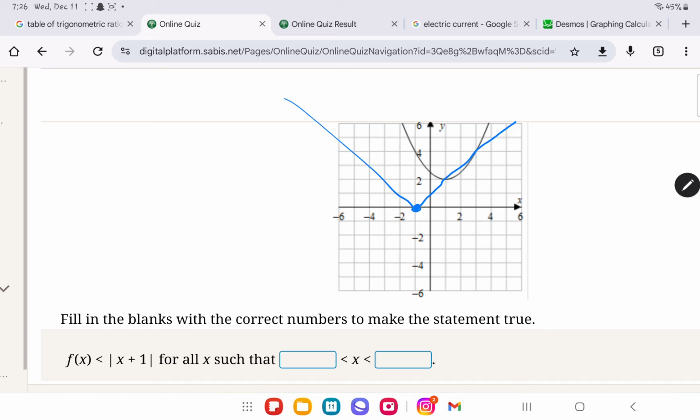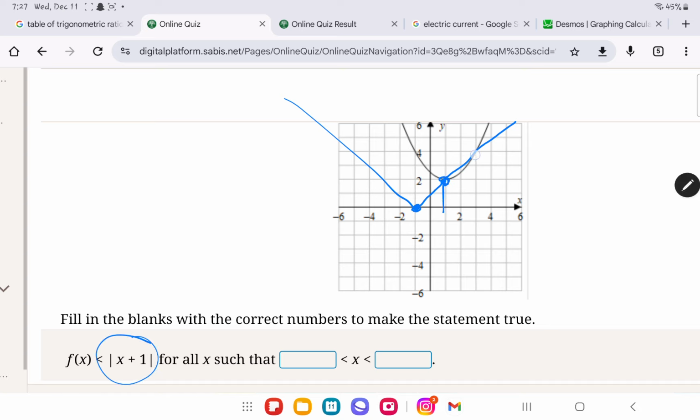Now they told us, between which 2 points is the function f(x) less than this function over here. So this function is in blue, f(x) is in black.